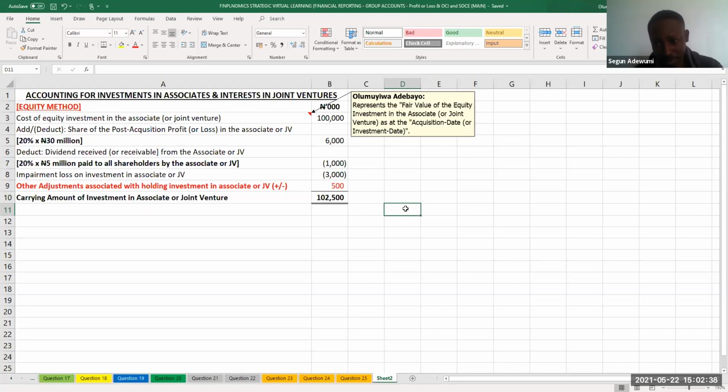Primarily, except otherwise, where you have elected by way of irrevocable right of election, you will have recognized that all equity investment should have been measured at fair value to profit or loss. I will say equity investment or any form of investment measured at fair value to profit or loss should not be subjected to impairment test. And we explain why. Who can tell me why? Who can remind me why?